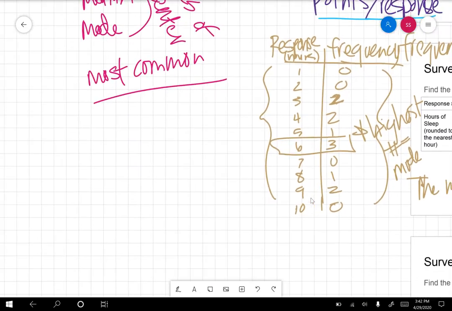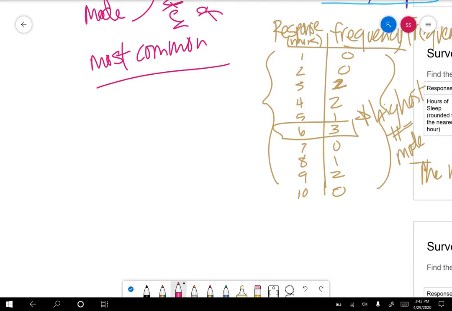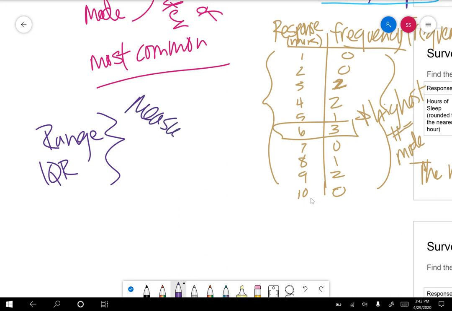However, I'm going to write this down right under it so it's kind of in the same area. We're going to be talking about range and interquartile range, IQR, right now. These two are actually measures of variability.